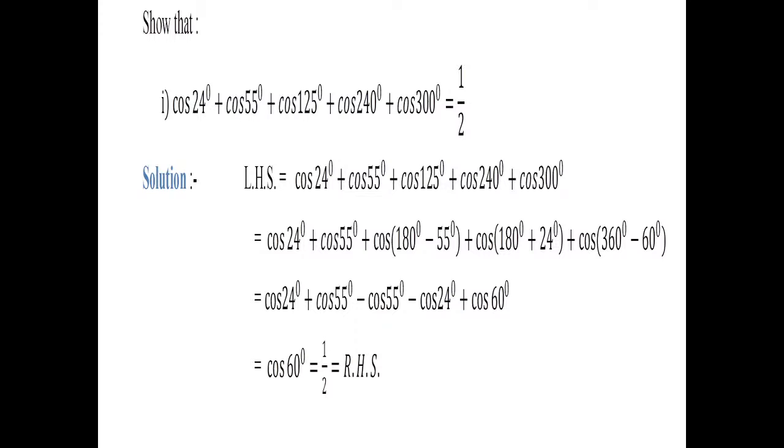LHS is cos 24 degree, cos 55 degree, cos 125 degree, cos 240 degree, cos 300 degree, which is equal to 1 by 2.